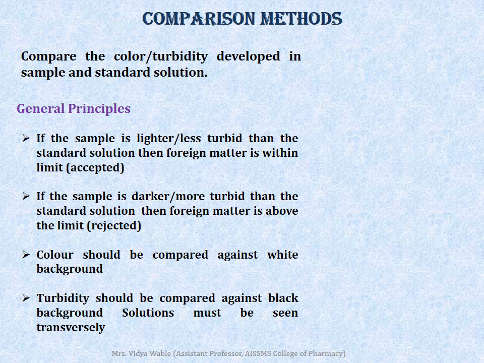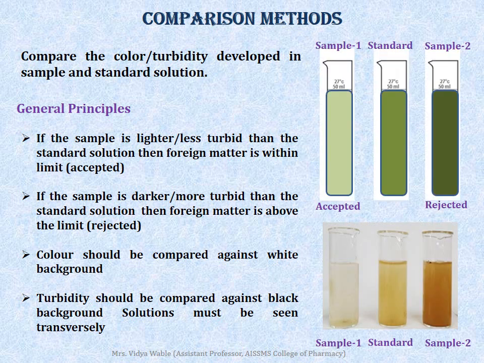Color should be compared against a white background, and if your limit test gives turbidity as a result, we need to compare it against the black background. Solution must be seen transversely. So this is the example. If it is the color one, you can see over here sample 1, standard, and sample 2. In sample 1, color is faint or lighter than the standard one, so it is accepted.